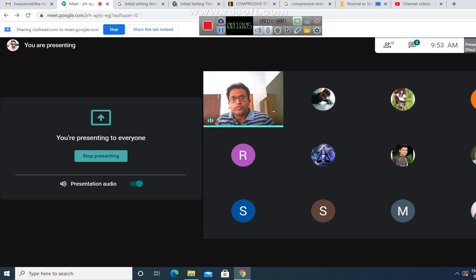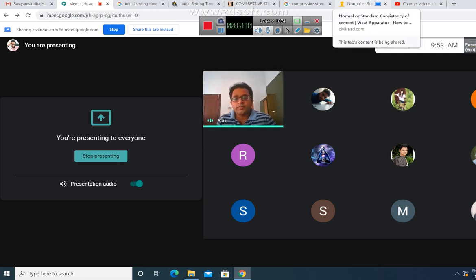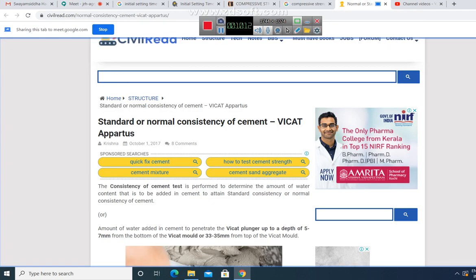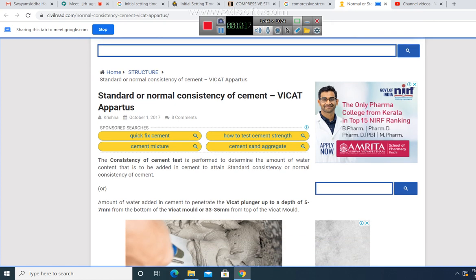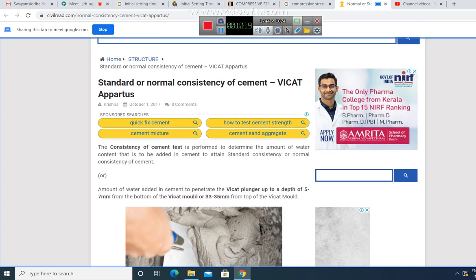Now let us see the principle or the procedure of determination of normal or standard consistency of cement. The consistency of cement test is performed to determine the amount of water content that is to be added in cement to attain the standard consistency or normal consistency.